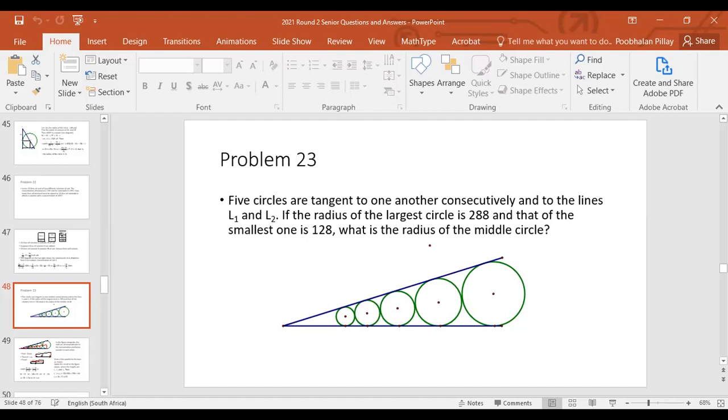Let me just draw the radius. I'm not going to put that number down because we've got lots of other radii here. And the radius of the smallest is 128. And the question is, what is the radius of the middle circle?